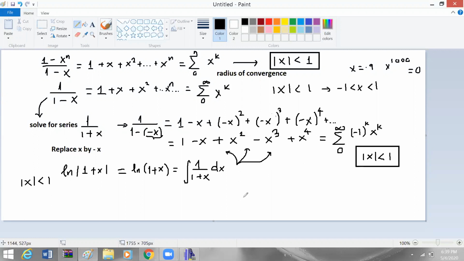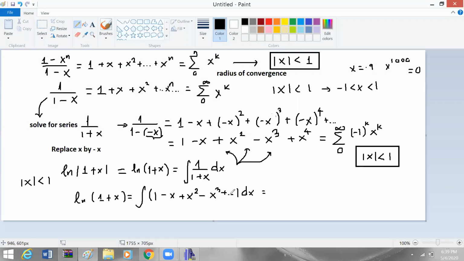In other words, I can write the ln of 1 plus x by integrating the entire function, 1 minus x plus x squared minus x to the third, and so forth, with respect to dx, because we know 1 over 1 plus x is those terms. In other words, I can solve for this series using this method.